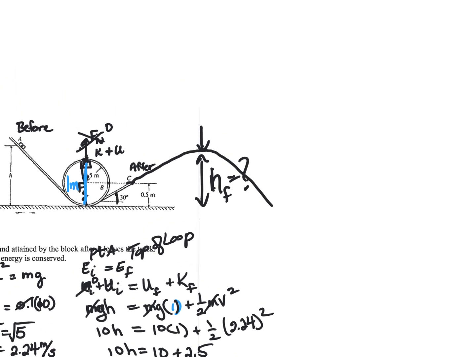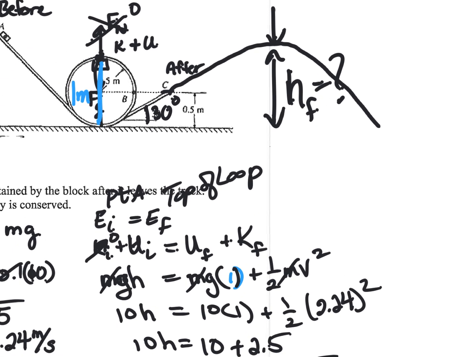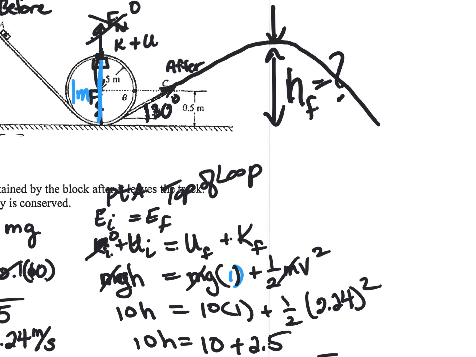Think they gave us that for a reason? They did. Because we know the velocity here. That velocity is at an angle. Well, at the very top, we're only going to have a velocity in the x direction, because the velocity in the y direction, if you remember from projectile motion, is 0.